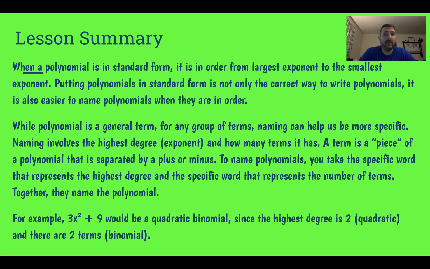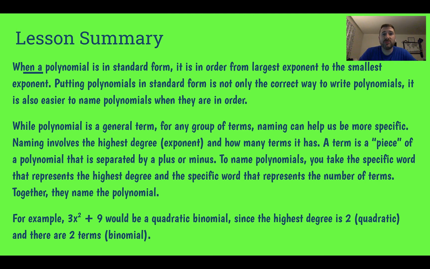When you want to name them, take the specific word that represents your highest degree and the specific word that tells you the number of terms. Together, they would name the polynomial. So for example, 3x to the second power plus 9 would be a quadratic binomial, since the highest degree is 2, which is where quadratic comes from, and there are 2 terms, which is called a binomial.